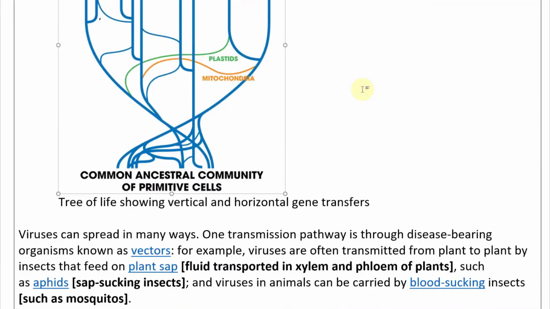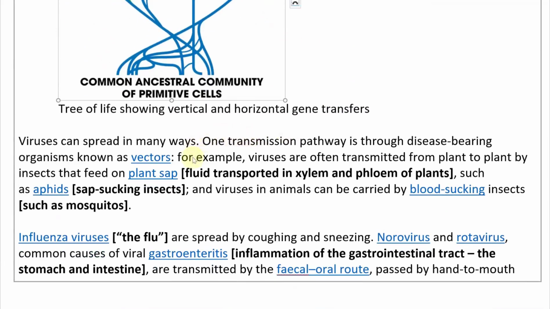Okay, let's continue further. So viruses can spread in many ways. One transmission pathway is through disease-bearing organisms known as vectors. For example, viruses are often transmitted from plant to plant by insects that feed on plant sap, which is fluid transported in the xylem and phloem of plants, such as aphids.